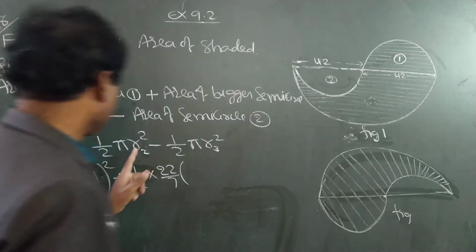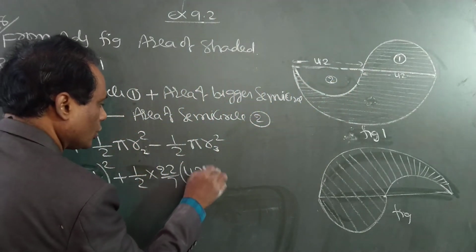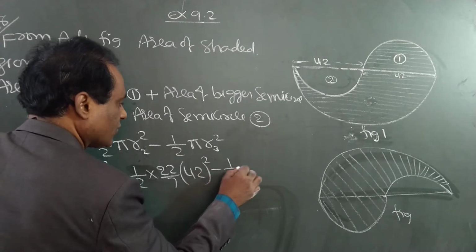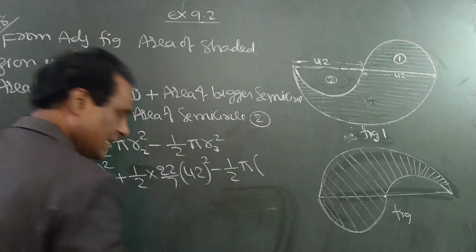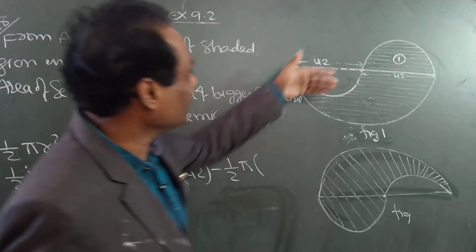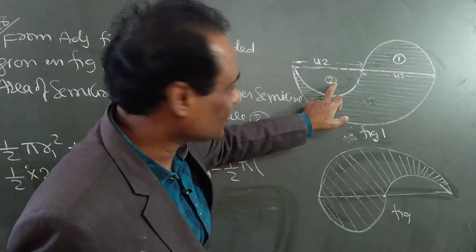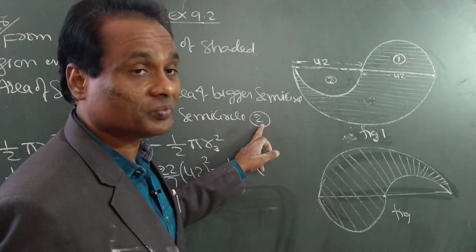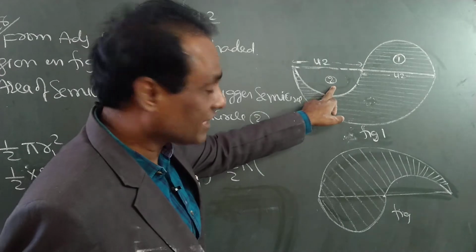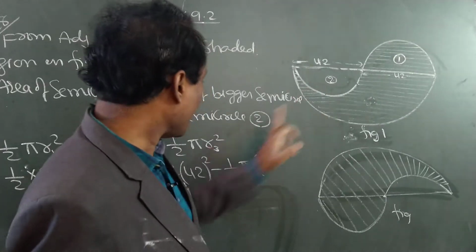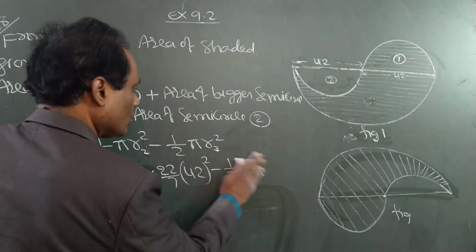So the radius of this bigger semicircle is 42, minus half pi of the smaller semicircle, half pi is 22 by 7.